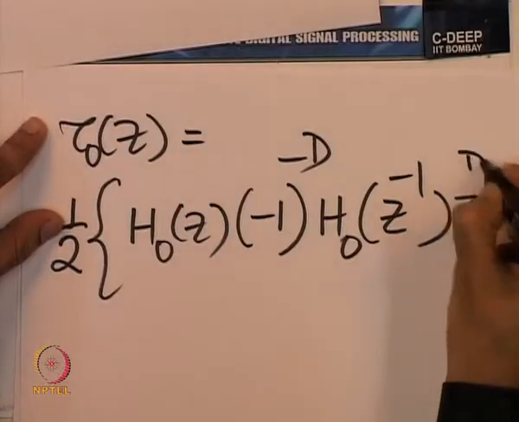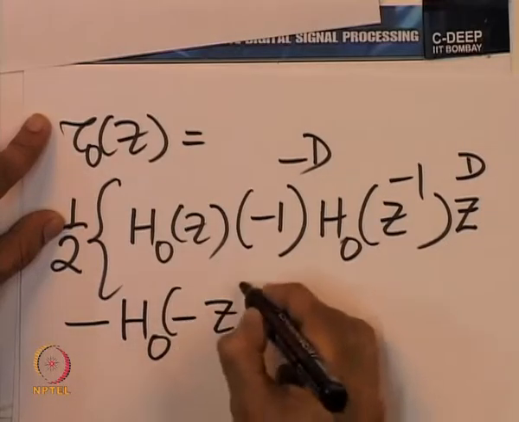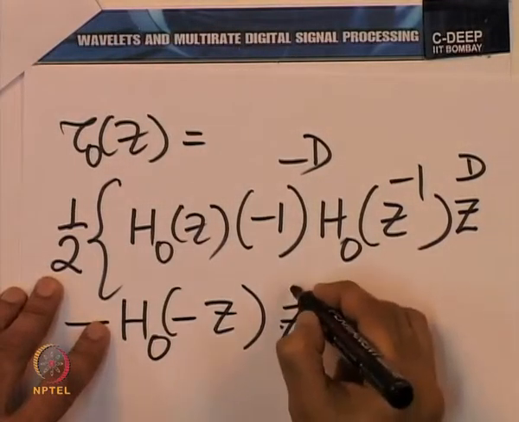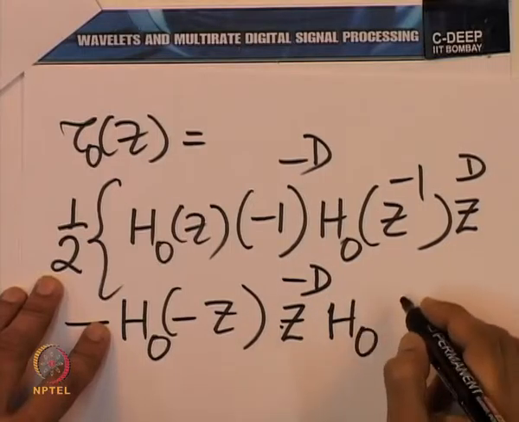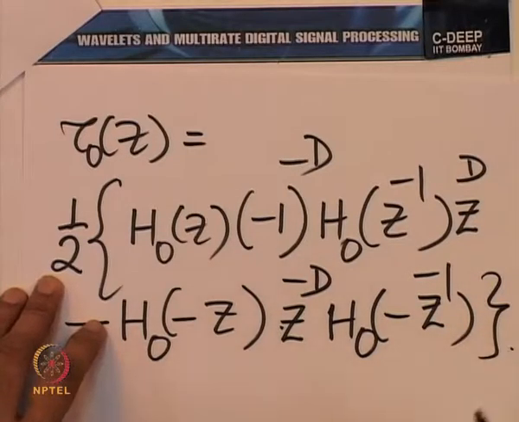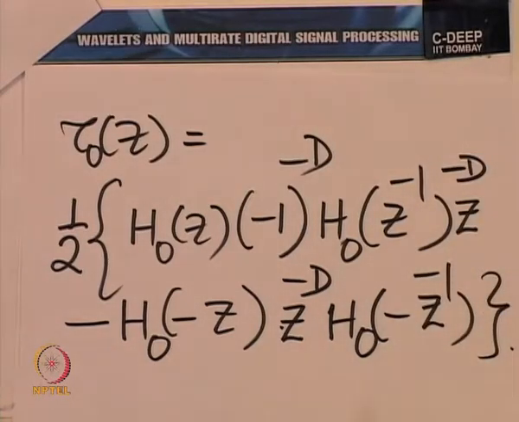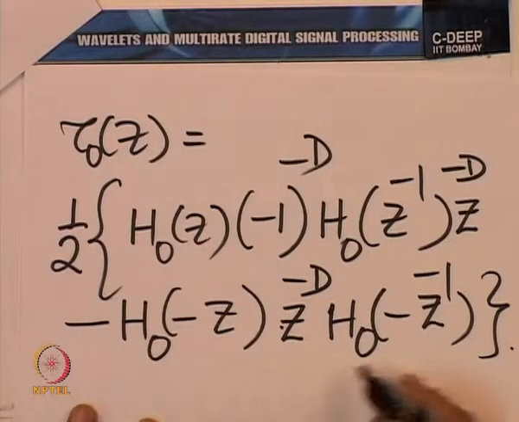So, you have z raised to d there, and minus h 0 minus z times h 1 z, and h 1 z we have accepted to be z raised to the power minus d times h 0 minus z inverse. So, we have z raised to the power minus d here. Now, what we intend to do in the next lecture is essentially to look at this expression.